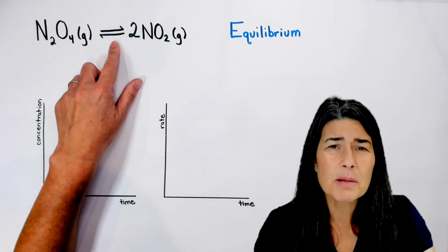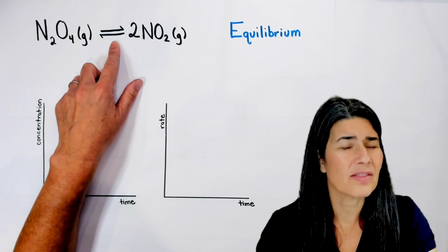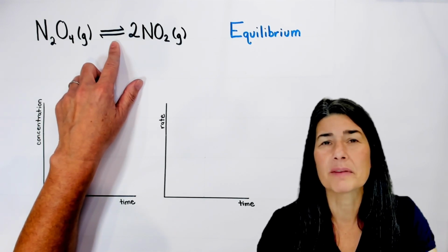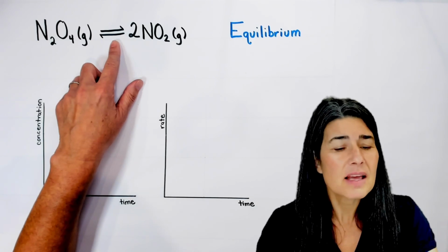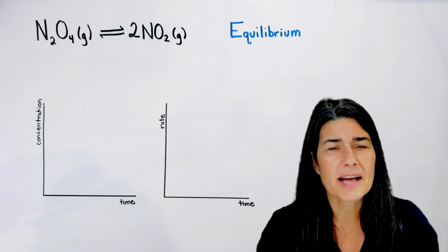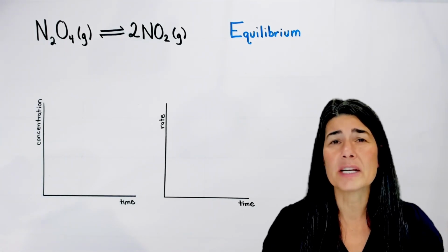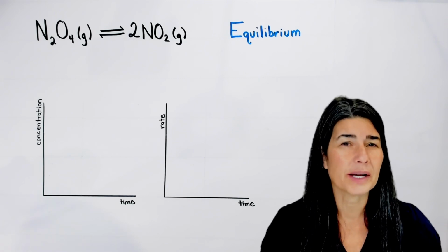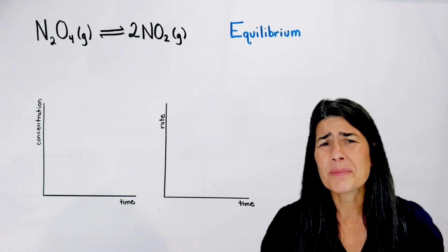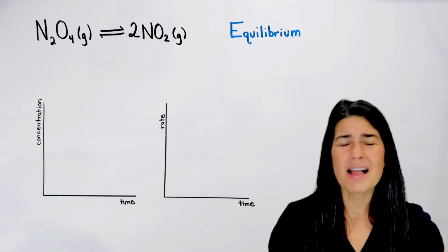Now, these double arrows that you see, it means so much more than just this reaction can be reversed. In fact, this double arrow right here means that this reaction, if left to its own devices, will eventually reach a state of equilibrium. Now, in everyday language, equilibrium is the state of balance.